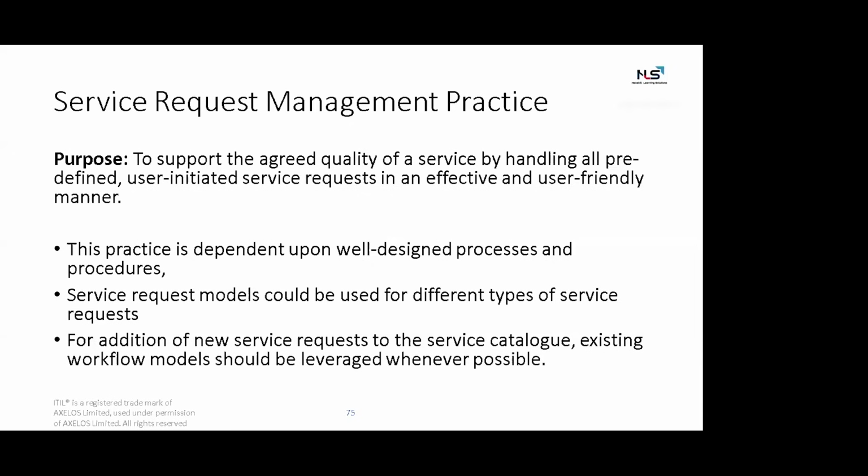I will ask my asset management team and they will say, boss, you raise one request for me. That is a service request. They will allocate a USB hub, a small hub where 5, 6 ports will be there, and you can plug in.